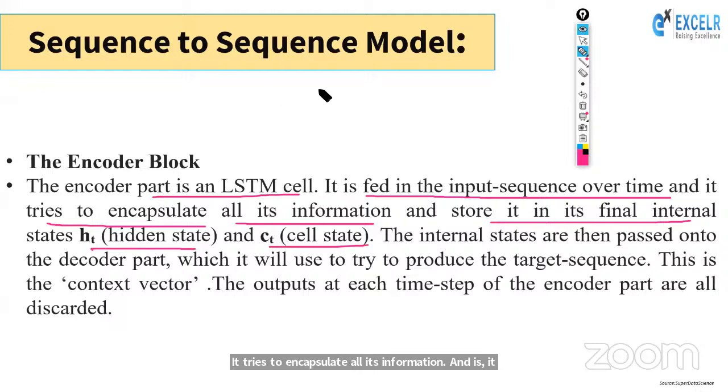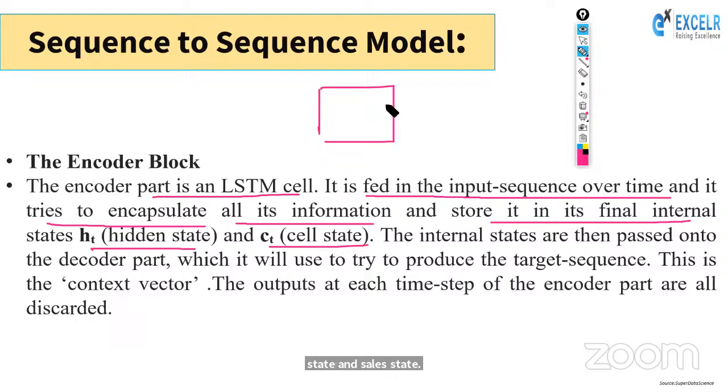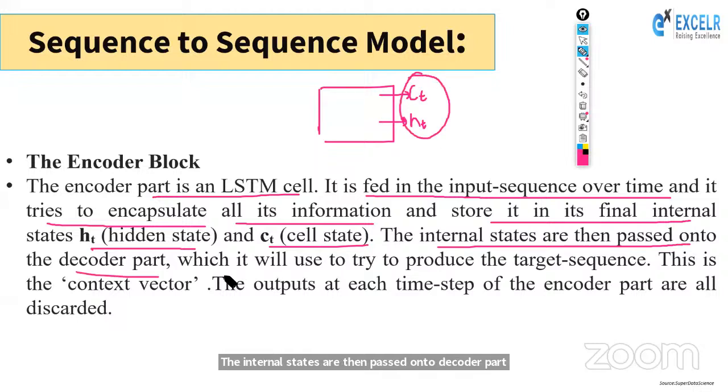That means from the final LSTM block, we are getting two outputs. One is the cell state output and the other is the hidden state, right? The internal states are then passed on to the decoder part, and this particular output we are calling the context vector. So this is something we pass to the decoder part.